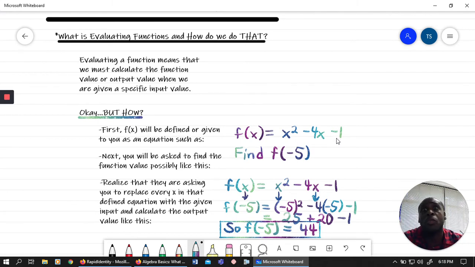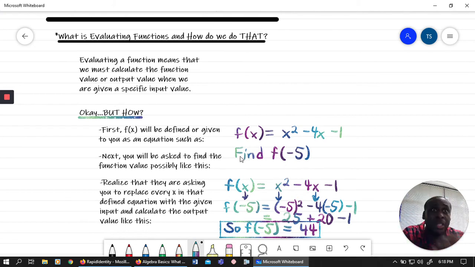Next, guys, you'll be asked to find the function value, and they could possibly write it like this: find f of negative 5. Again, they may write it in this form. They may put it in a much simpler form, like find the y value when x equals negative 5. Or they may say, find the function value given that x equals negative 5. They may say it like that.